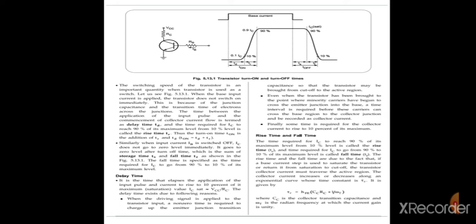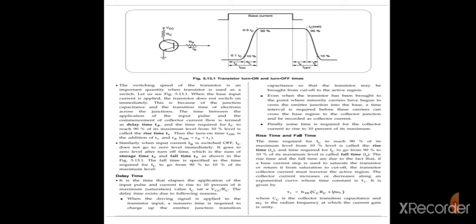Rise time and fall time. The time required for IC to reach 90% of its maximum level from the 10% level is called rise time, and the time required for IC to go from 90% to 10% of its maximum level is called fall time. The rise time and the fall time are due to the fact that if a base current step is used to saturate the transistor or return it from saturation to cutoff, the transistor collector current must traverse the active region.